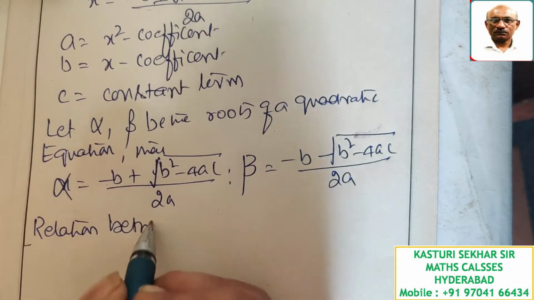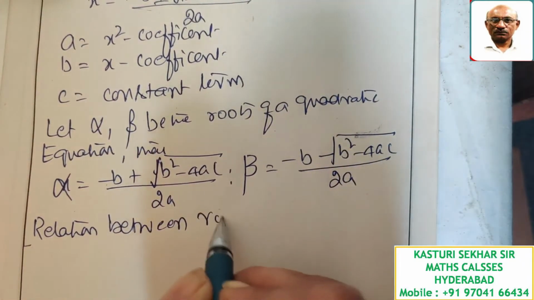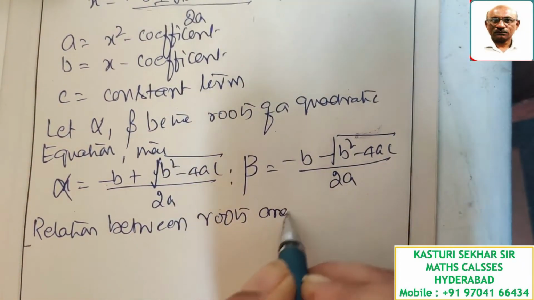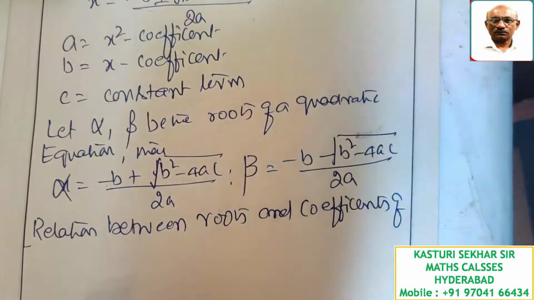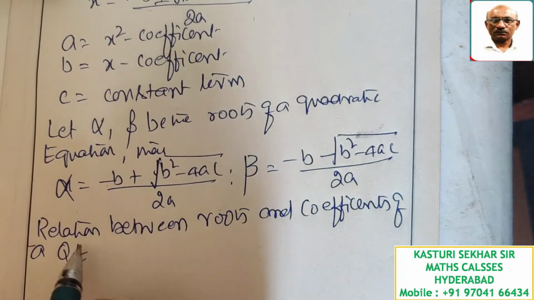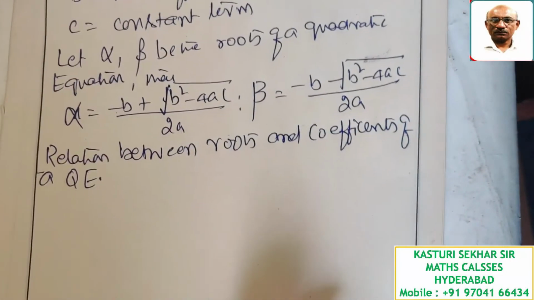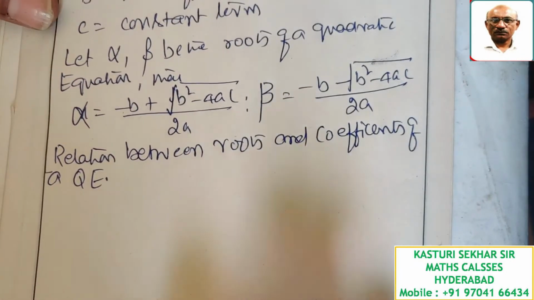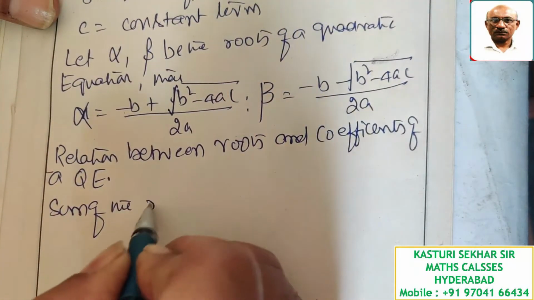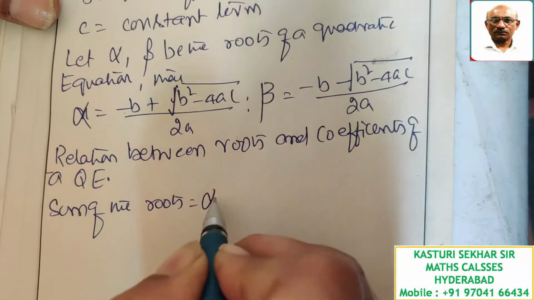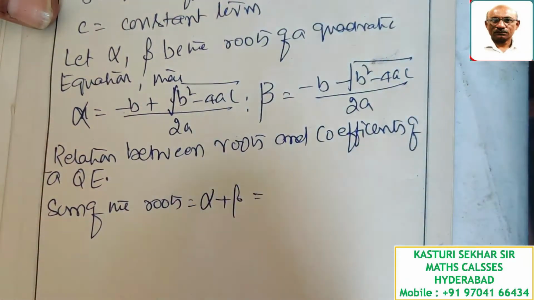Relation between roots and coefficients of a quadratic equation. Sum of the roots is equal to alpha plus beta.